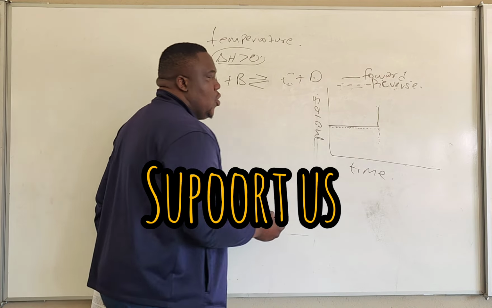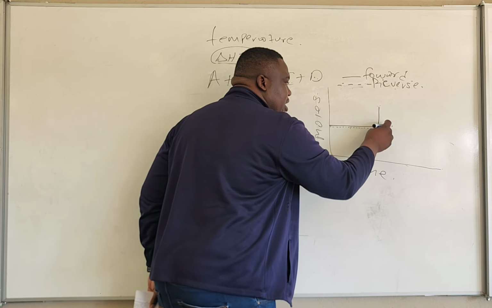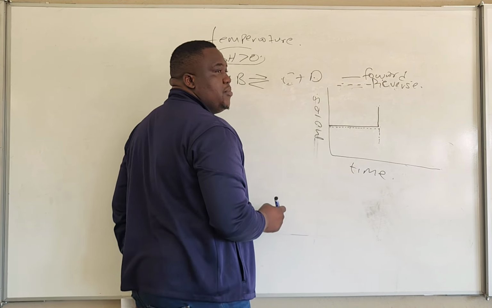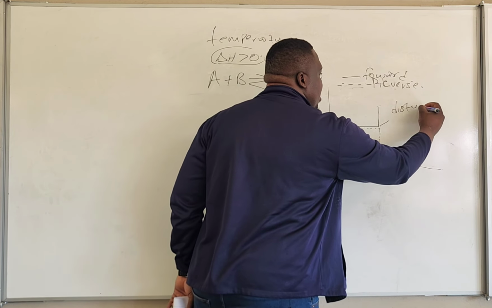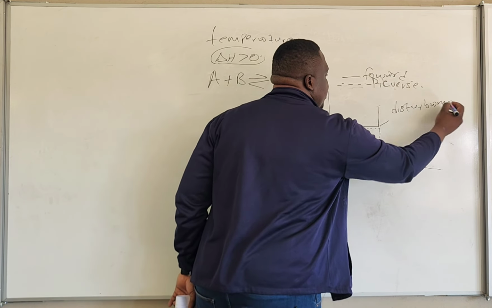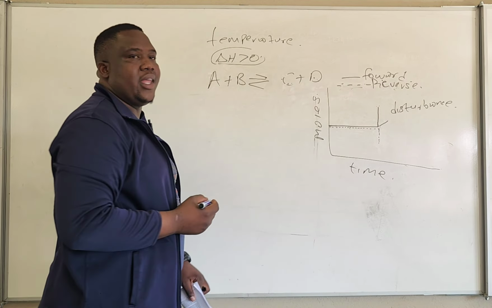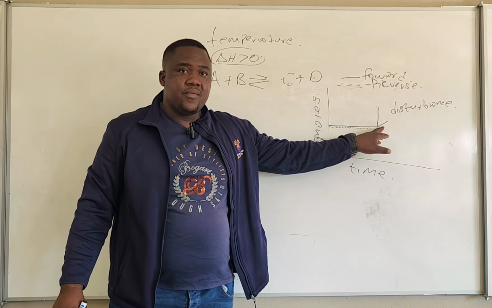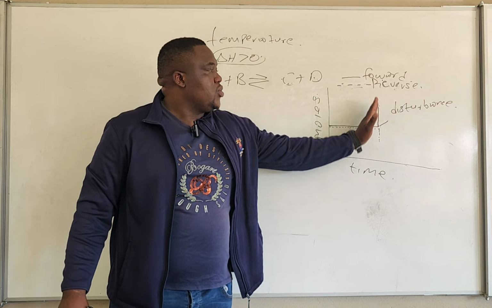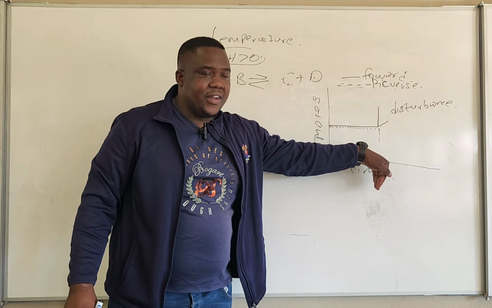Then what happened? Why do we have this one increasing and this one decreasing? It means at this point there was a disturbance. Equilibrium is disturbed. That's why we have an increase and we have a decrease.